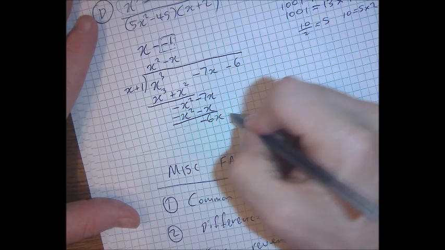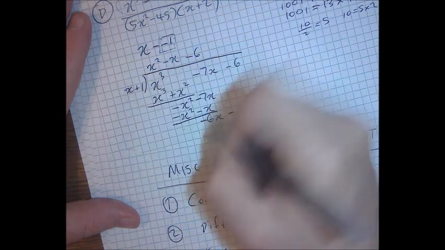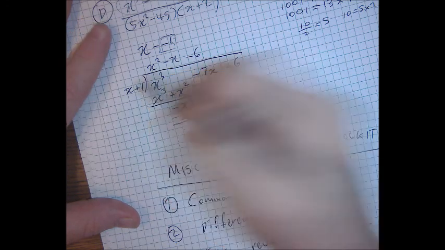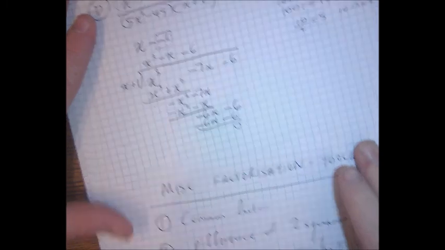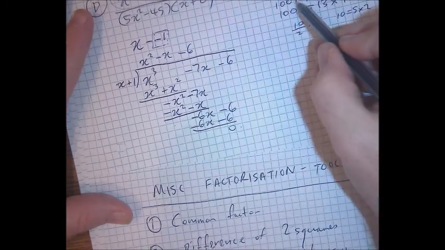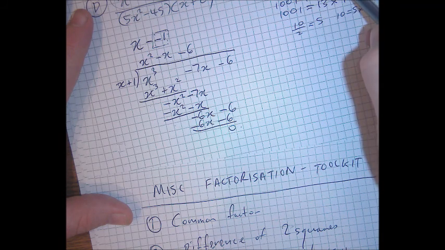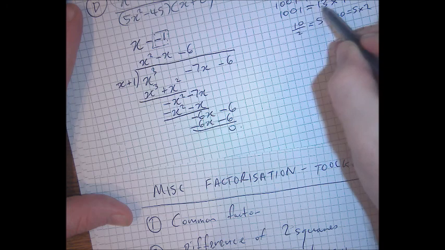Okay, bring that down to continue the process. That divided by that is negative 6. That times that is negative 6x, of course, because that's where it came from. Negative 6 times 1 is negative 6. Subtract those and you get a remainder of 0. Just like succeeding in dividing 1001 by 13 and getting 77 enables you to write 1001 equals 13 times 77.